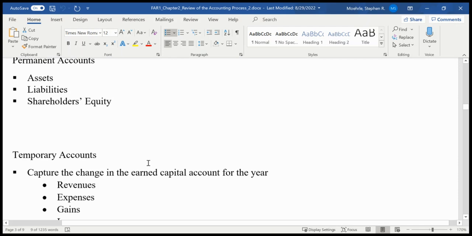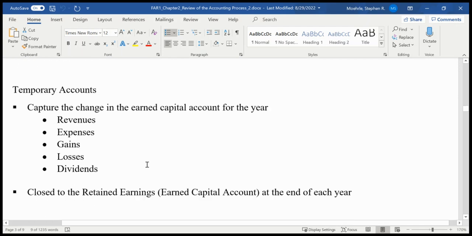The temporary accounts are accounts that, again, will be returned to zero at the end of every accounting period. They're used temporarily to add up total revenues, our expenses and our gains and losses, and any dividends paid.